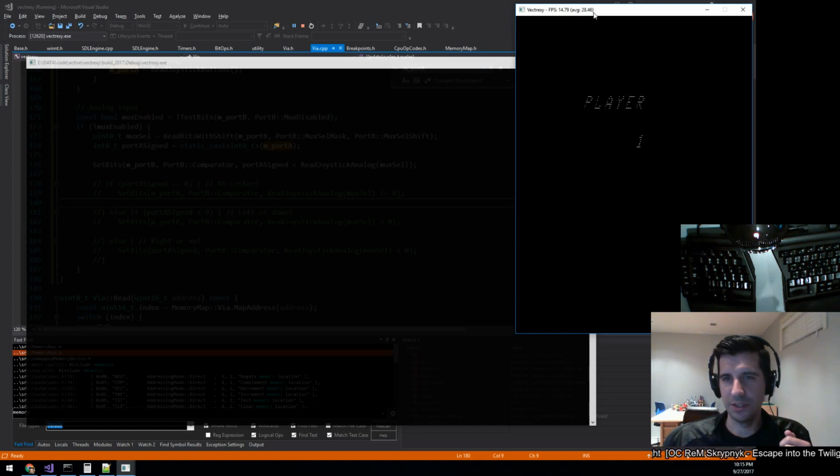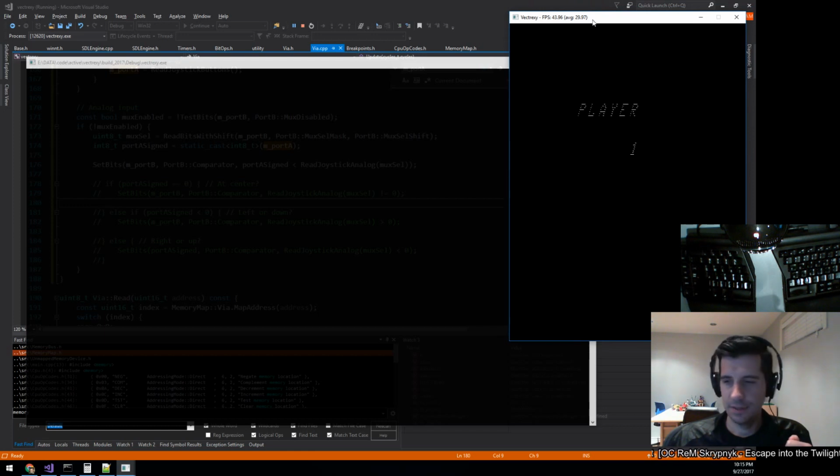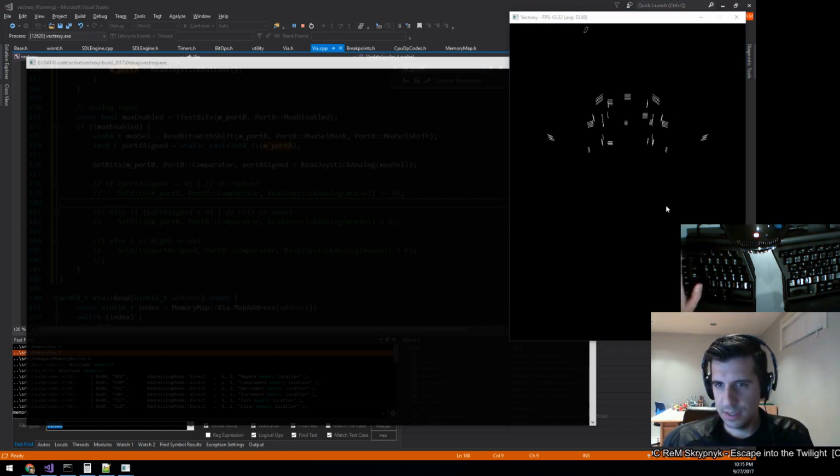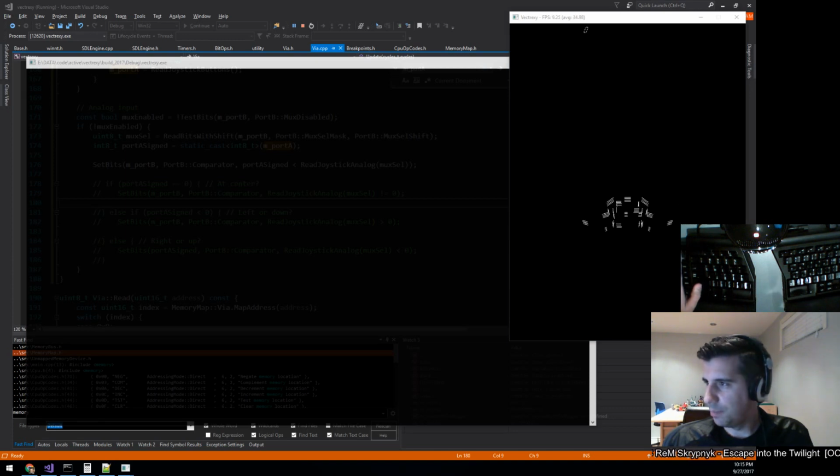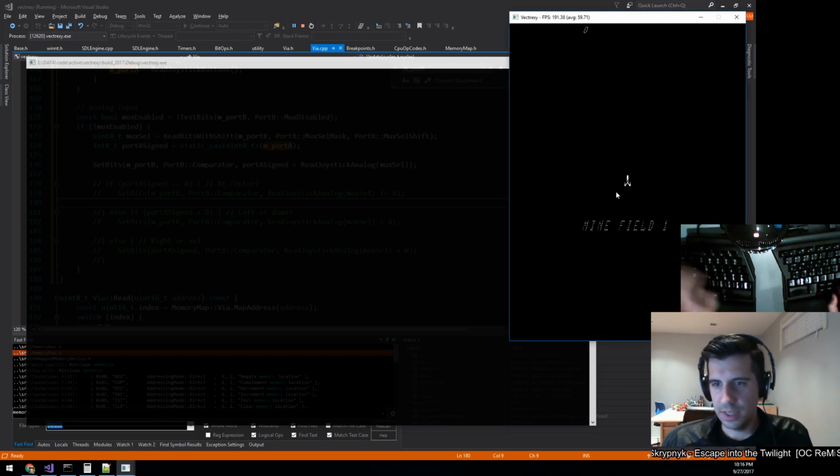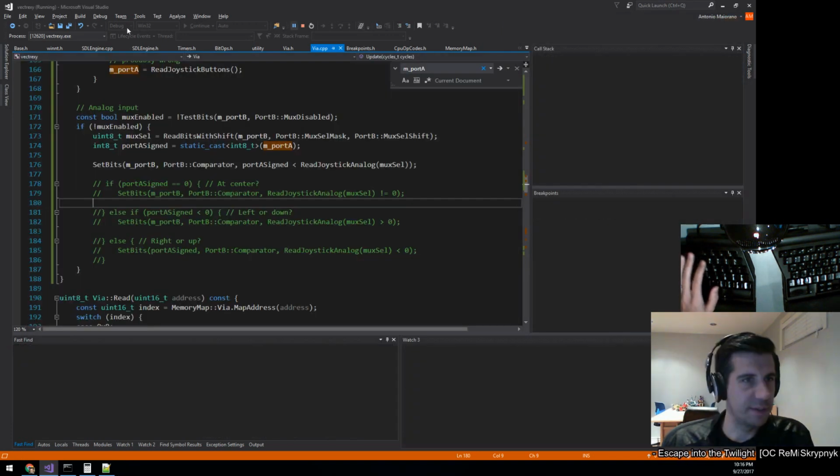Wow, my frame rate's not super good. I think that might be because my CPU is maxed out right now. Oh, look at that. Holy shit. You know what, let me switch out of debug mode here.